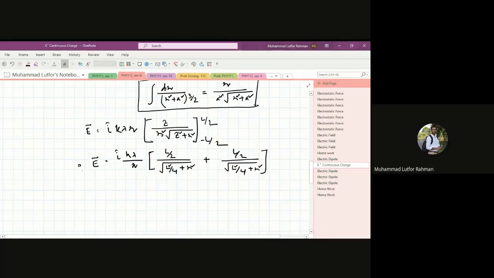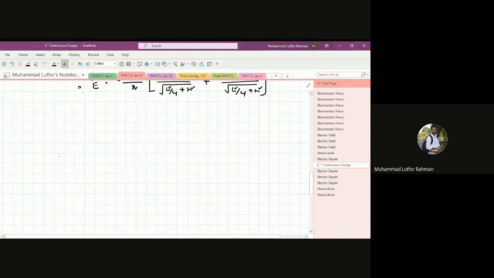I just put the value of the limit. In that case, I'll find this electric field would be i times k times lambda divided by x into L divided by square root of L square by 4 plus x square.